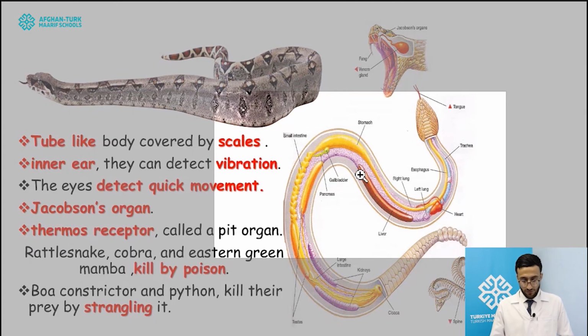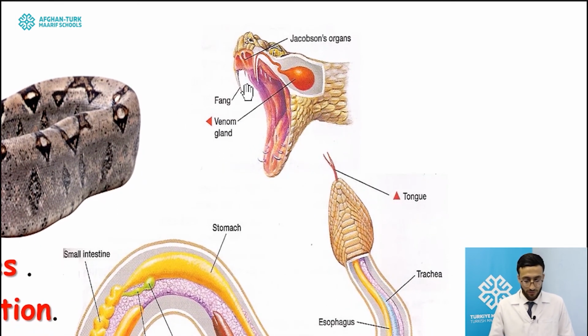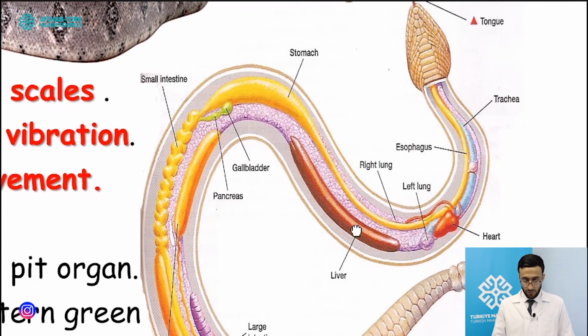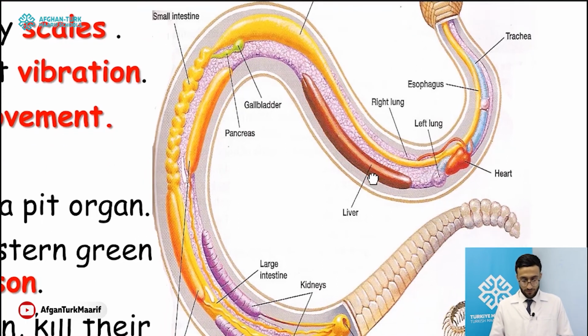About their morphological features, the most important thing that you can find in snakes is the fang, which acts like a needle that secretes the venom from the venom gland. In their internal features, it starts from the tongue, which is a sensory region used to catch small particles in order to sense the exact location and type of the prey. Their internal body parts, the excretory system or digestive system, the circulatory system, most of them are well developed.